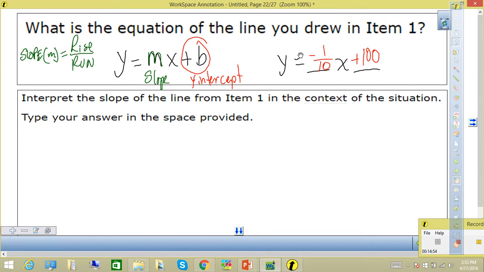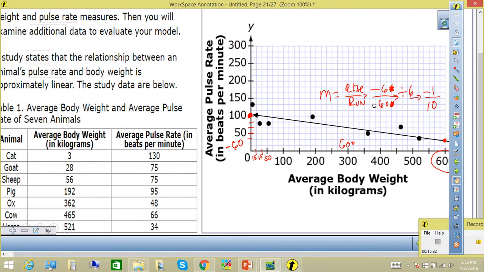Let's see, help us out, Brian. Okay. What was the run? No, what was the run when we first found the slope? The run was what? And what does that represent?